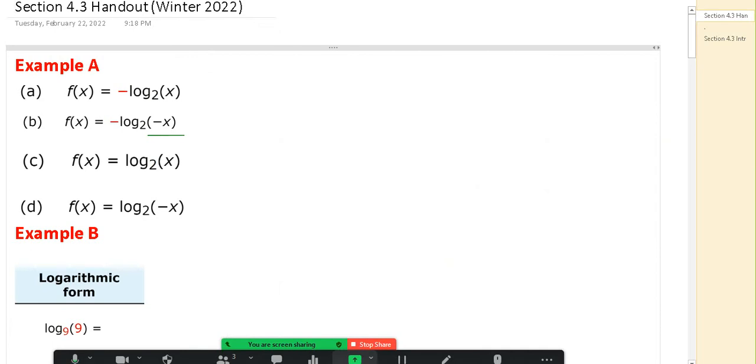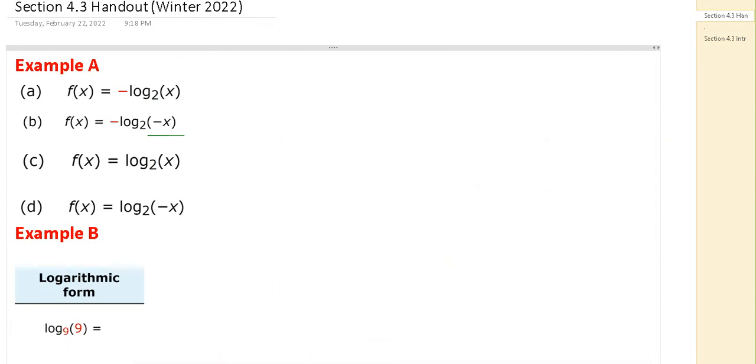So y equals log base 2 of x, and we're going to compare that to y equals negative log base 2 of x, y equals negative log base 2 of negative x, and finally y equals log base 2 of negative x.